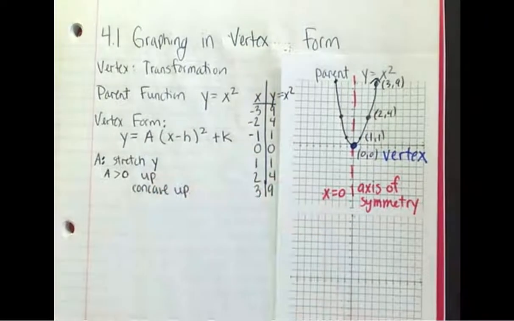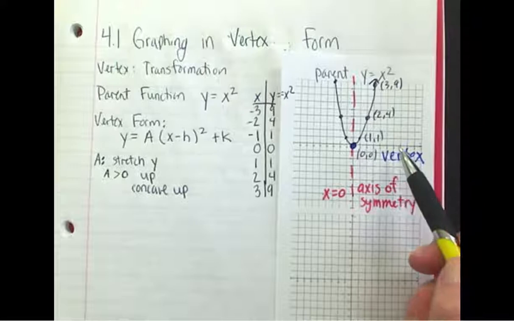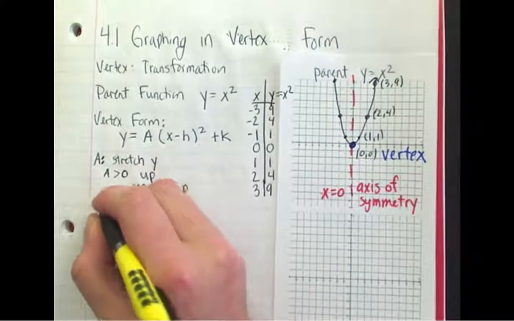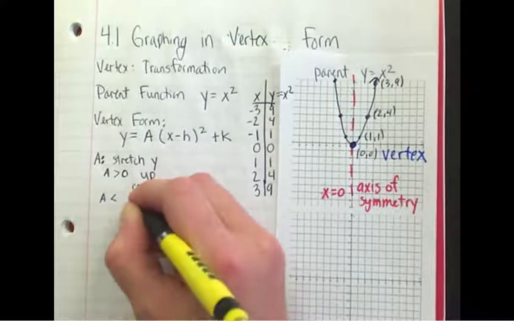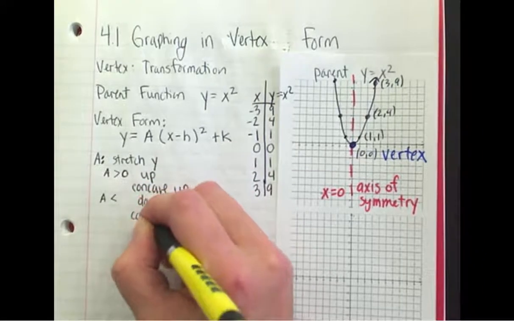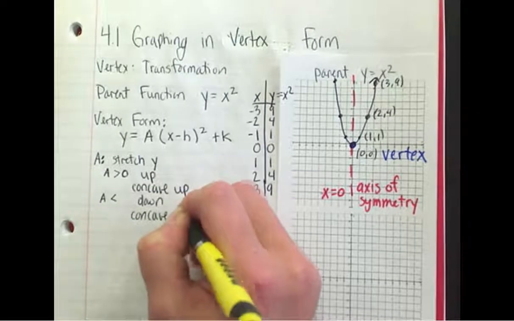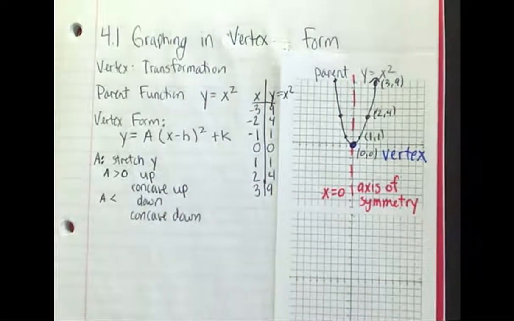Concave up like a cup. This graph is concave up. If A is negative, it is down or concave down like a frown. Means it's opening down.